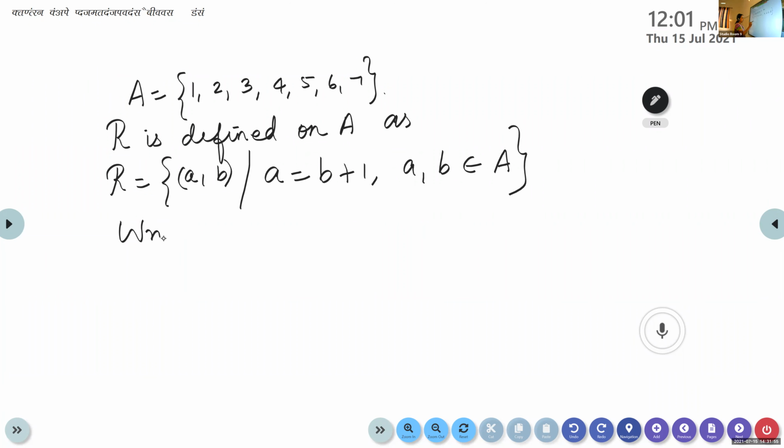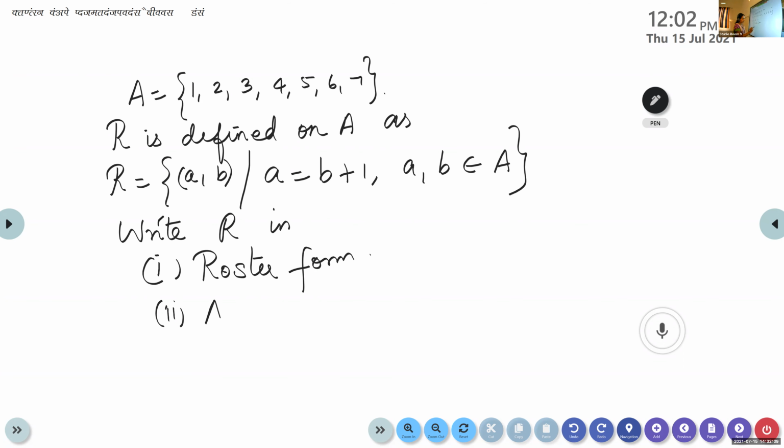Write R, first in roster form, second in arrow diagram.